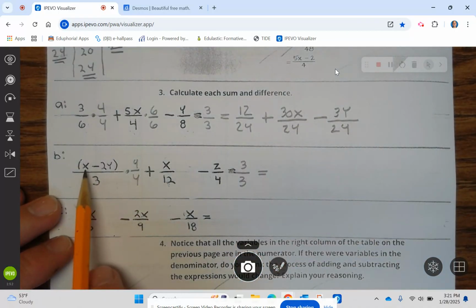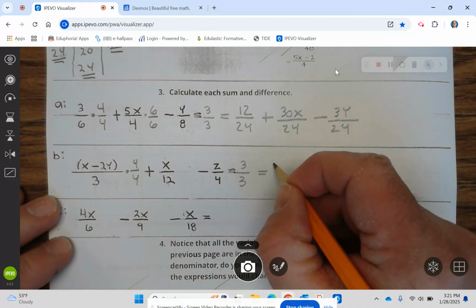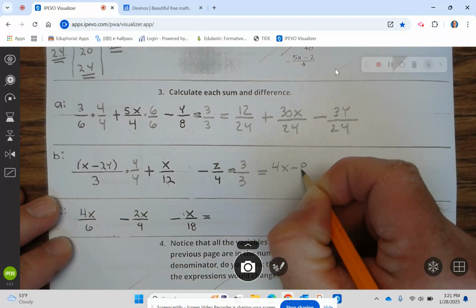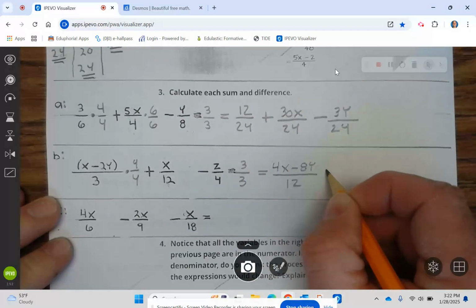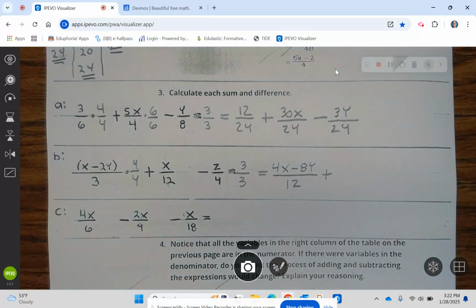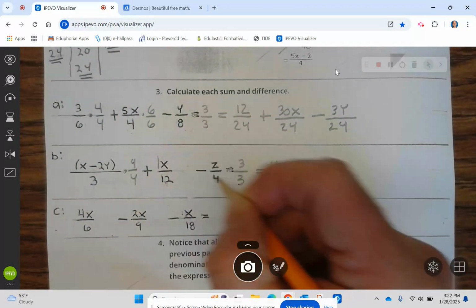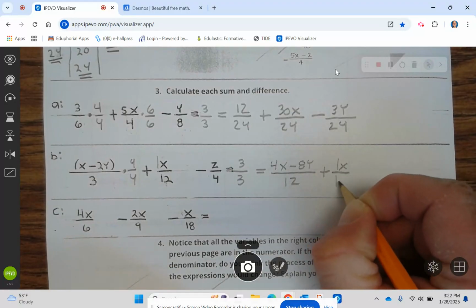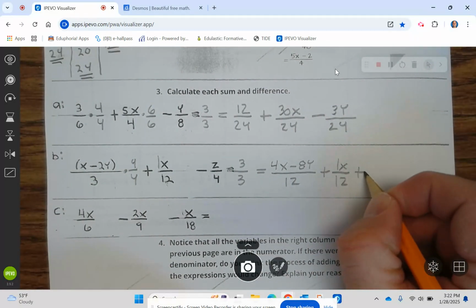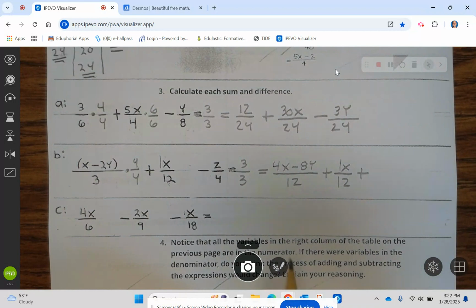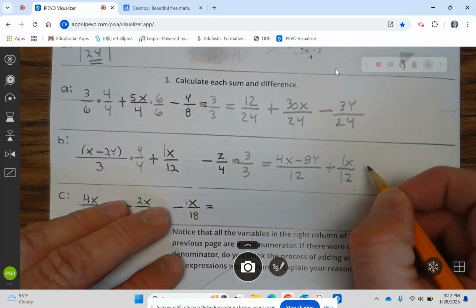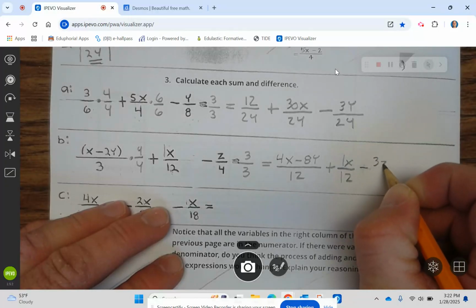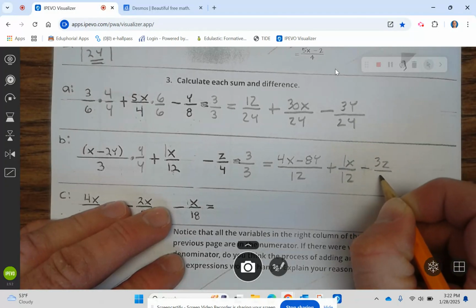Well, I have to multiply each term by 4, so this becomes 4x minus 8y divided by 12 plus 1x divided by 12 minus 3z divided by 12.